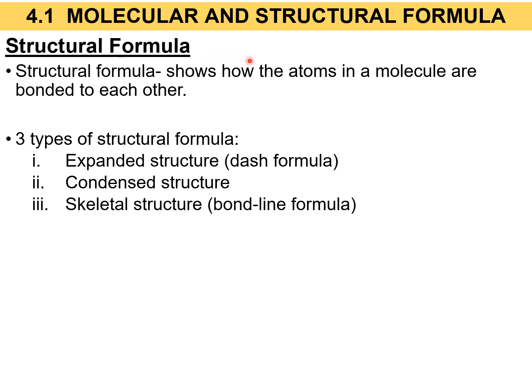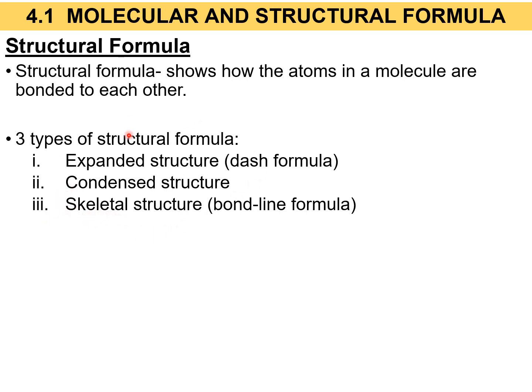Okay, in drawing organic compounds, you need to know what molecular and structural formulas are. Structural formula shows the atoms in a molecule that are bonded to each other. There are 3 types of structural formula: expanded structure, condensed structure and skeletal structure.